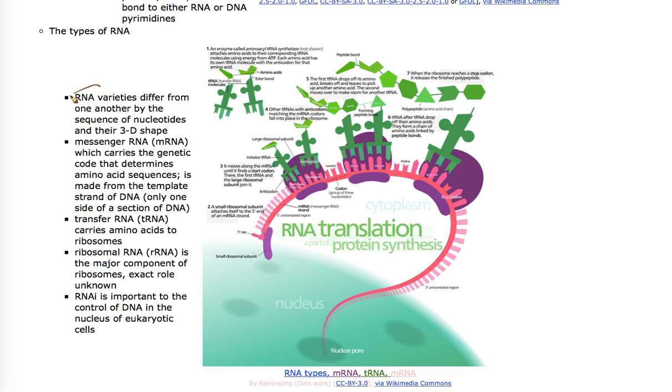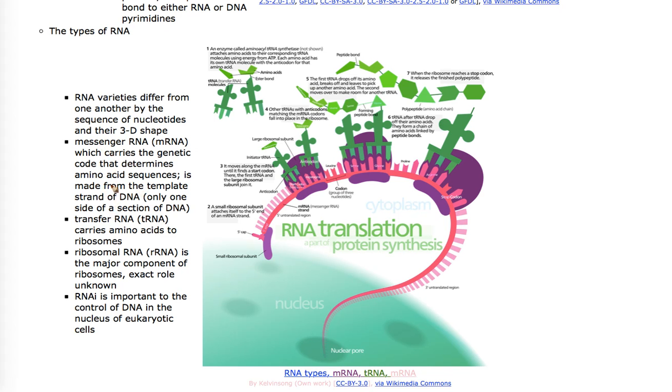So RNA differs basically a little bit in shape and majorly in function. Messenger RNA is the most common you hear people talk about. The messenger RNA's job is to carry genetic messages from chromosomes out to ribosomes so ribosomes can make proteins.